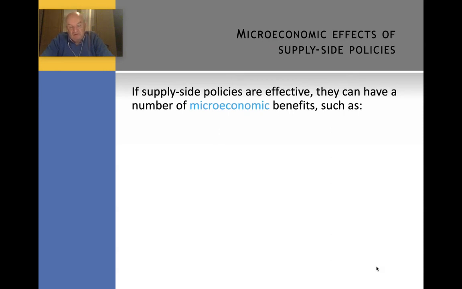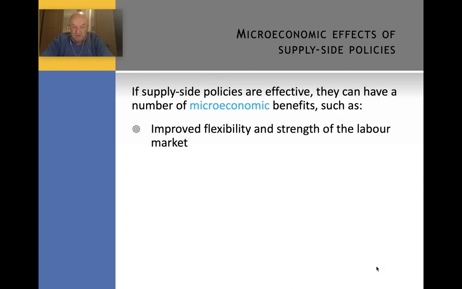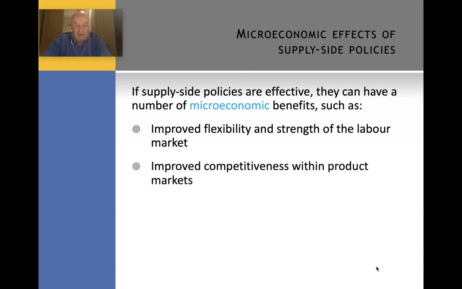So if we have successful and effective supply side policies, there can be some microeconomic benefits as well, such as an improvement in the flexibility and strength of the labour market, which obviously is going to mean that individual firms will have greater choice of labour. Hopefully, if they're more flexible and they've got improved skills, then that's obviously going to benefit individual firms as well as the overall macro economy.